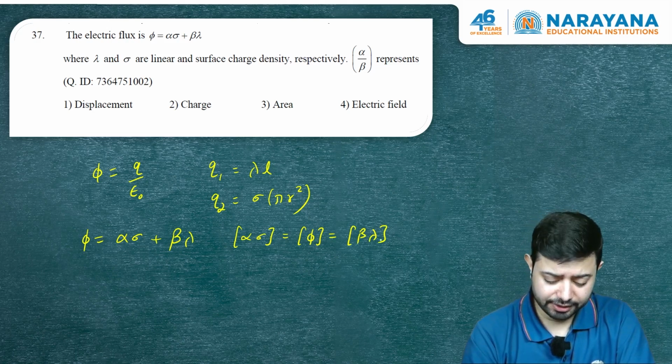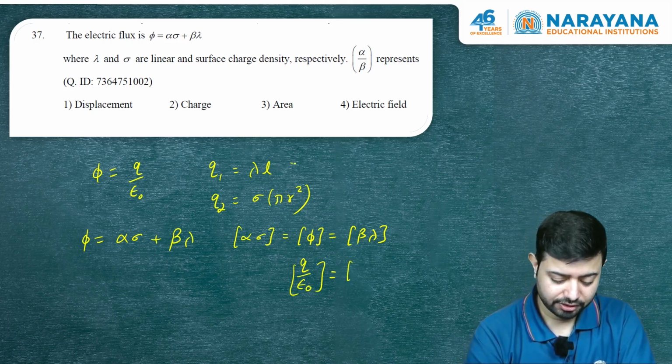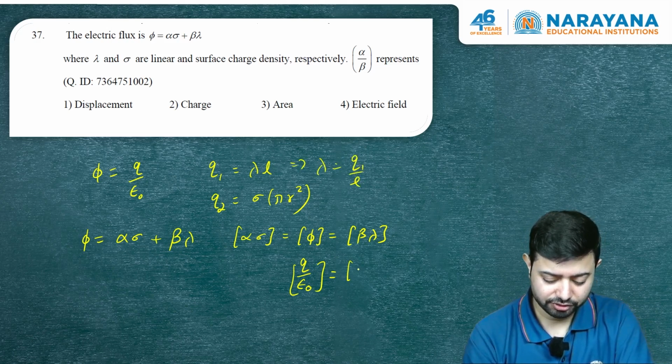And what is the dimension formula of the flux? It is charge by epsilon naught. Beta we do not know, we have to find what beta represents. Lambda is charge by length, so this is going to be beta into charge by length. So, the dimension formula of beta will be length by epsilon naught.